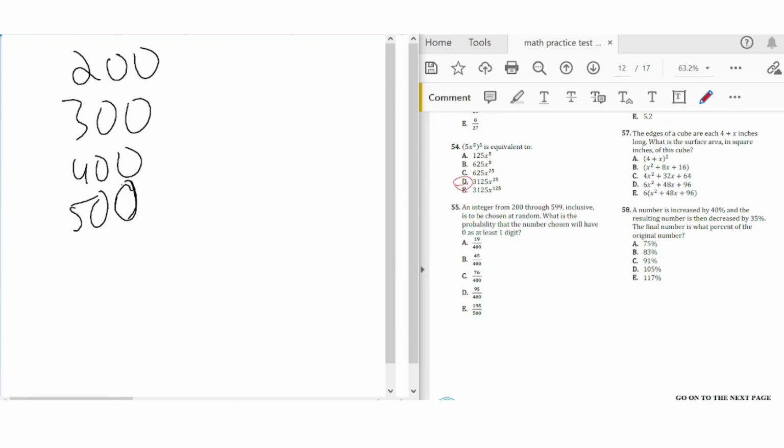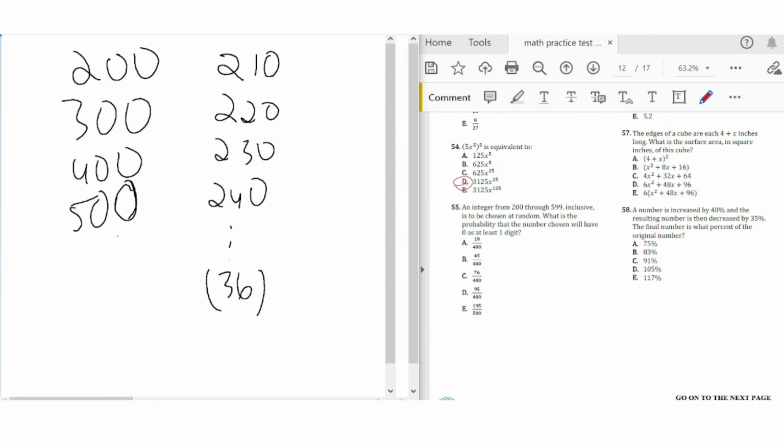Now, we have numbers where we have 0 in the ones digit. And we can keep going like that. So for these, you are going to have 1, 2, 3, 4, 5, 6, 7, 8, 9 of them per 100. Since we have 200, 300, 400, and 500 here, we are going to have 36 of these numbers where we just have 0 in the ones digit.